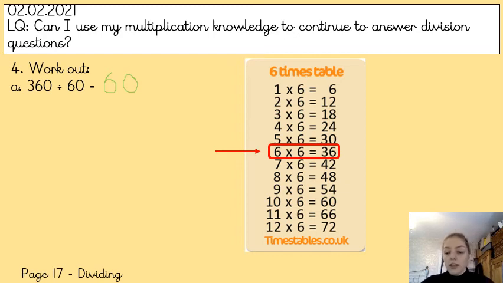If it was going to be 3,600, it means that my sum would be 100 times greater. So therefore, the answer would be 600 instead of 60. Okay, so think very carefully about the style, what the question is asking you, the place value of that question, and how many times greater from your original times tables it is.